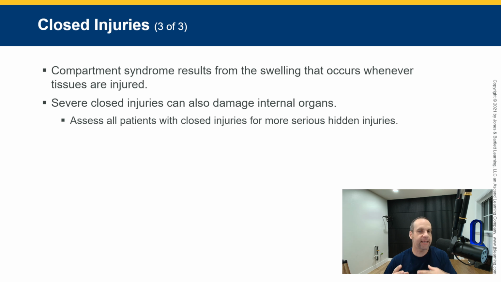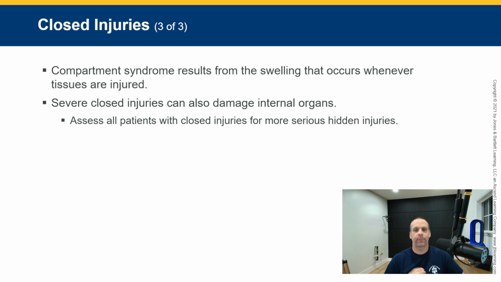A classic finding is pain that becomes worse with passive movement. Over time, the patient may also develop changes in distal pulses, skin temperature, color, sensation, or motor function. That is why repeated distal neurovascular assessment is so important when the problem is suspected.